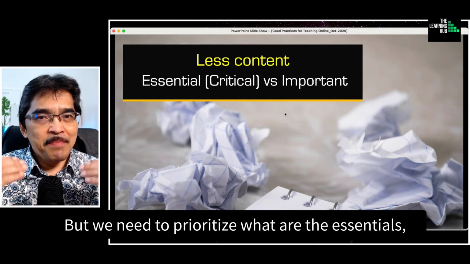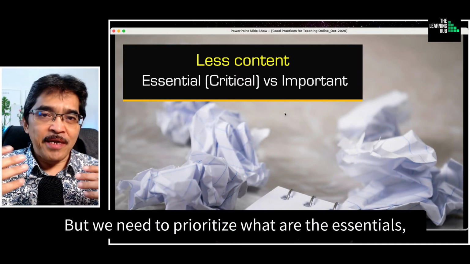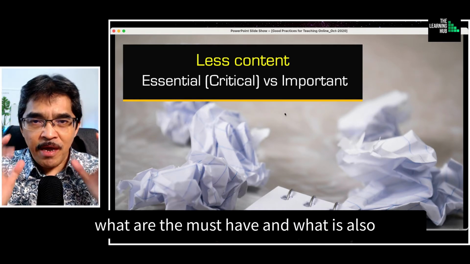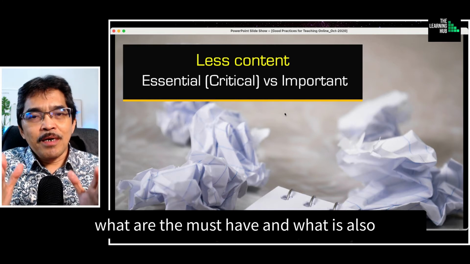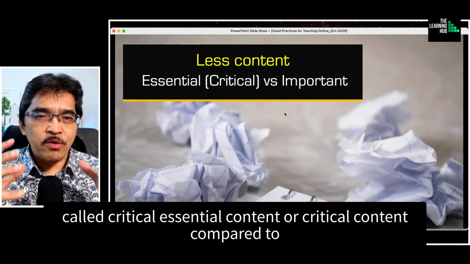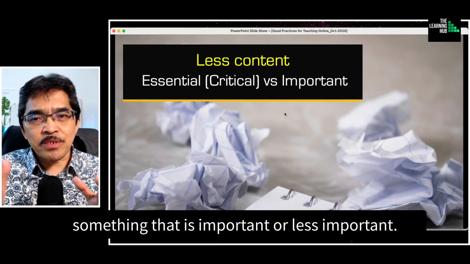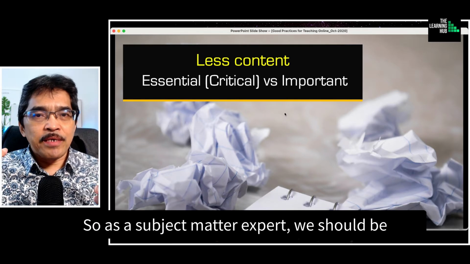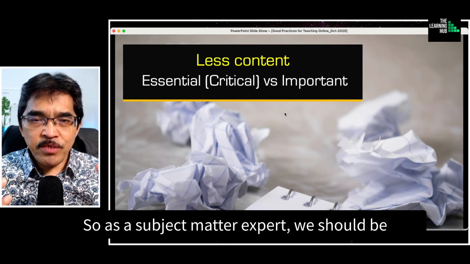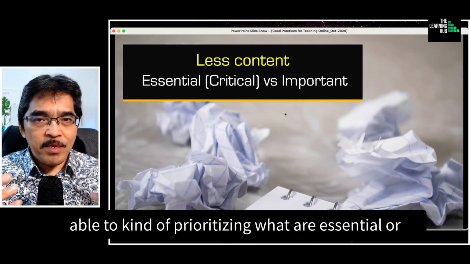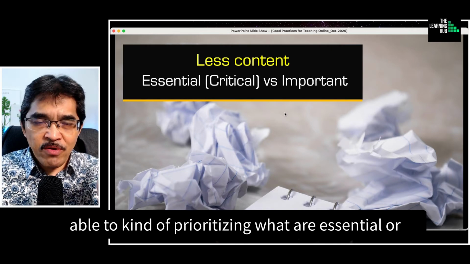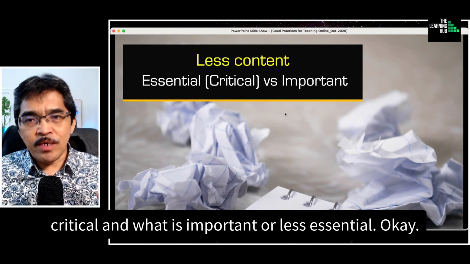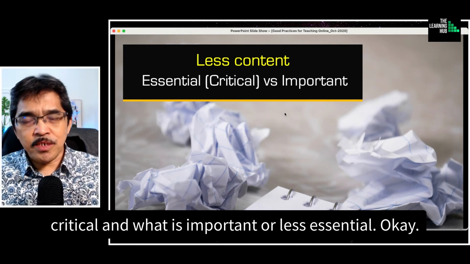No, but we need to prioritize what are the essential, the must-have, what is also called critical content, compared to something that is important or less important. So as a subject matter expert, we should be able to prioritize what is essential or critical, and what is important or less essential.